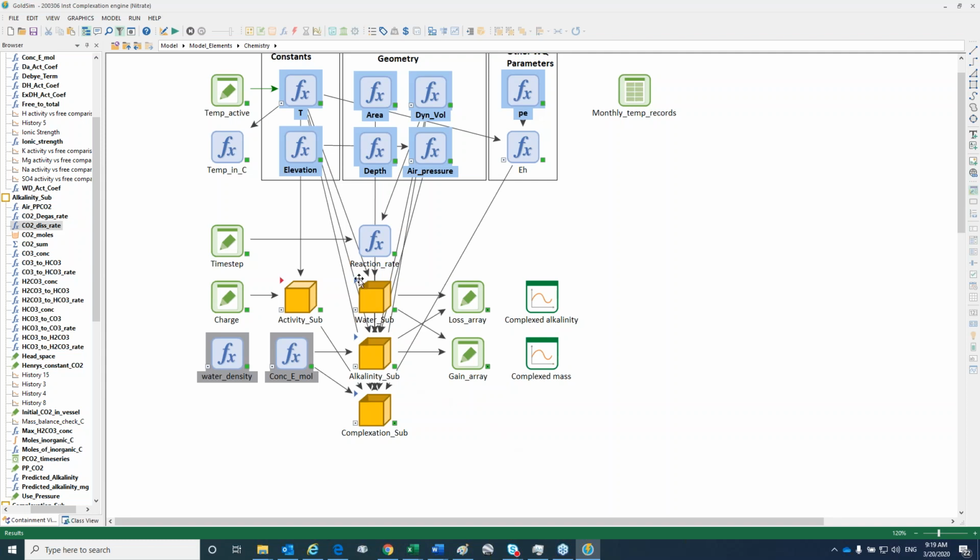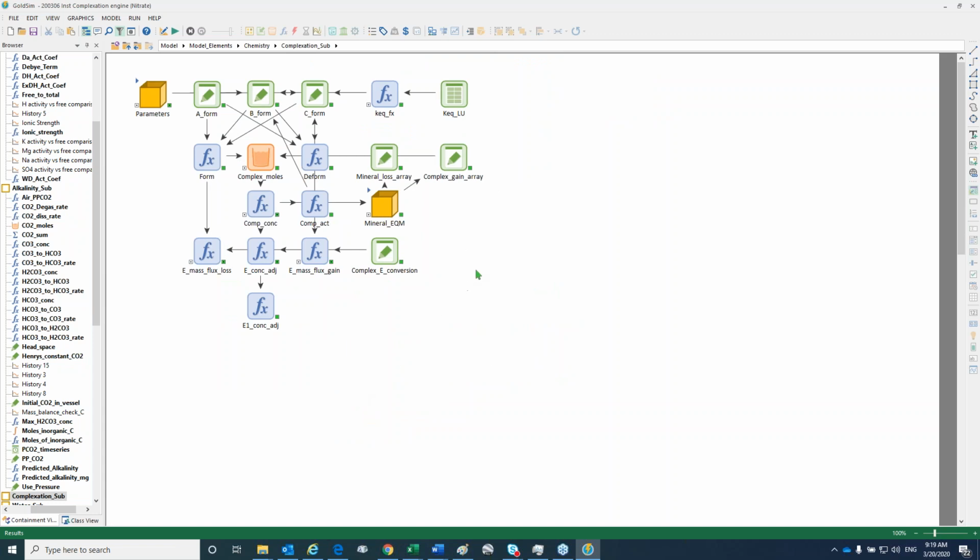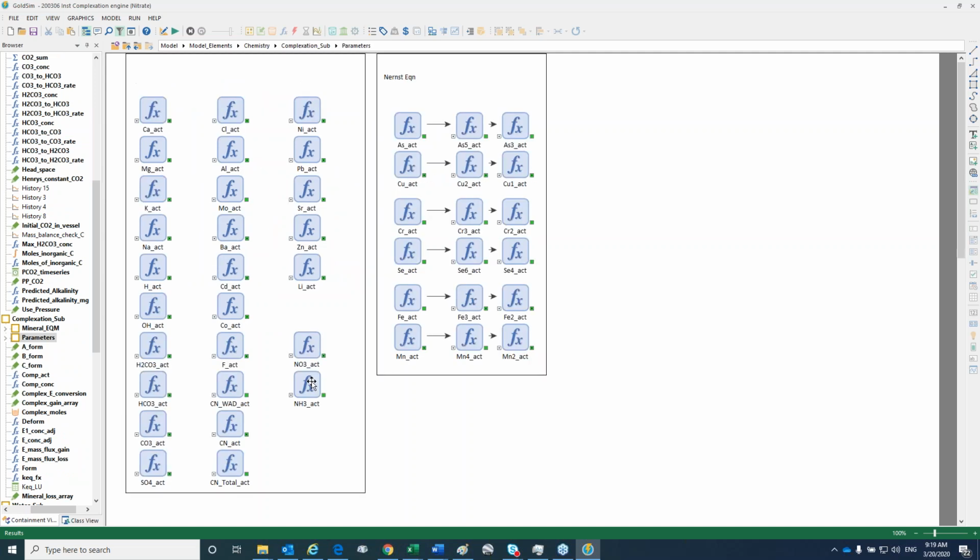All right, now I want to get into the more complex part, and sorry, that's a pun, but it is more technically challenging. What we're going to talk about here is the complexation. This is going to get a little bit hairy, because it is hairy, but we'll talk about the parameters first.